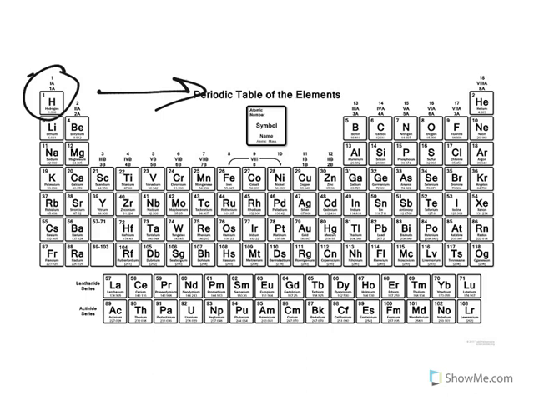If we go down to lithium here, it has an atomic mass of about 7, and if you look across the table, there is a trend of the atomic mass increasing along with the atomic number. As you can see, the periodic table is actually incredibly organized.